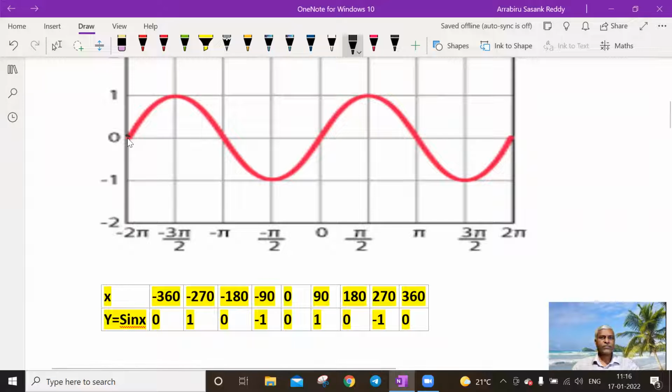So this is 0 and this is plus 1. This is 0 and this is minus 1. This is 0. This is plus 1. This is 0 and this is minus 1 and this is 0.